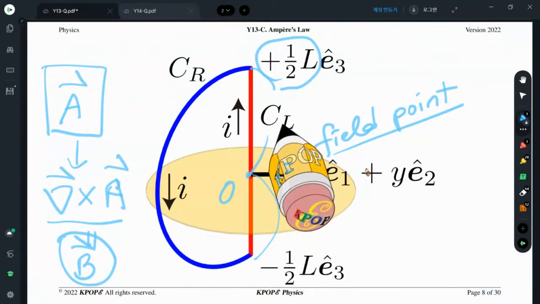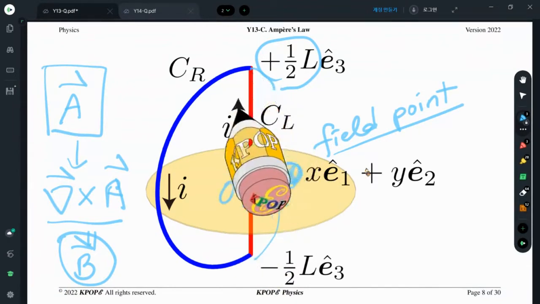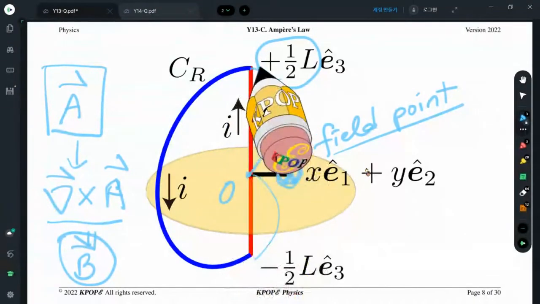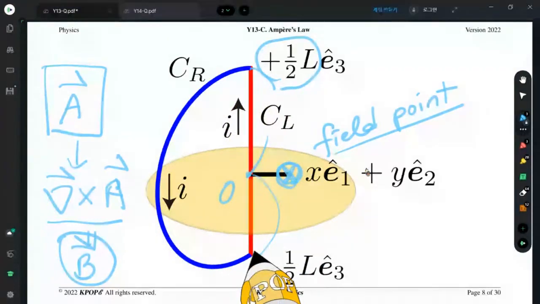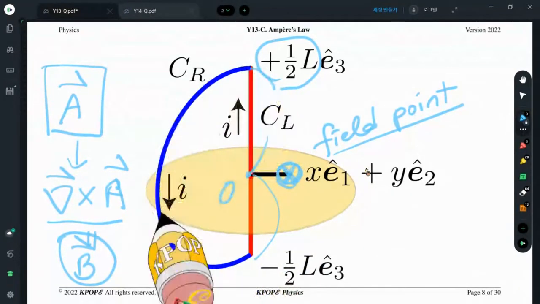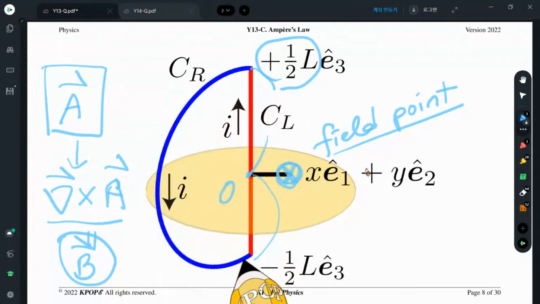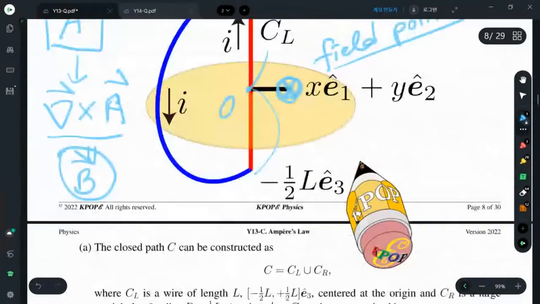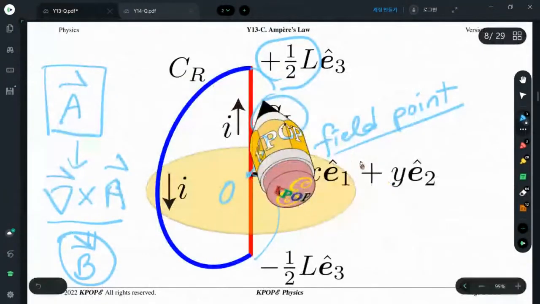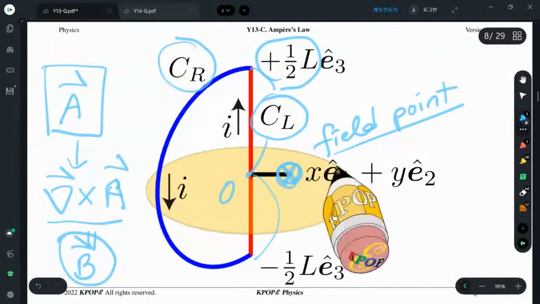However, because a circuit must be closed, in most textbooks they consider the red part only and ignore the blue contribution, but it is important. It depends on the shape of the circuit whether this blue part can be negligible or not. First, let me call these CL and CR.